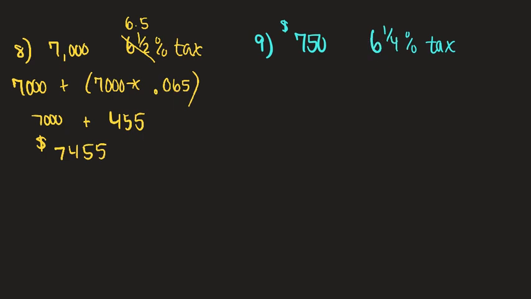Make it a decimal and then hop. 750 plus 750 times 0.0625.